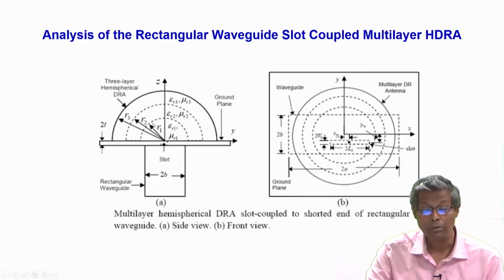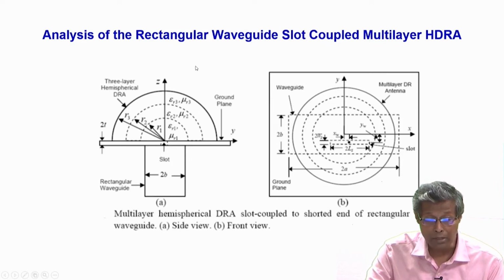So, we have in this case 3 layers of DRA and the multi-layer DRA configuration is used to offer an impedance match, because these layers work as an impedance transformer matching the free space impedance to the slot impedance, because it is a difficult matching environment.